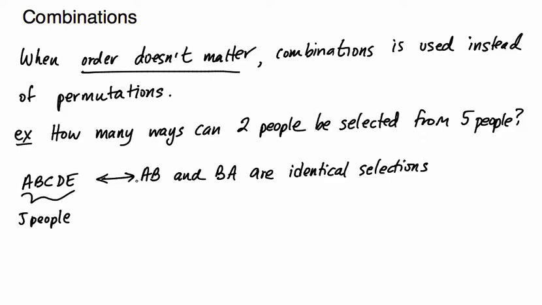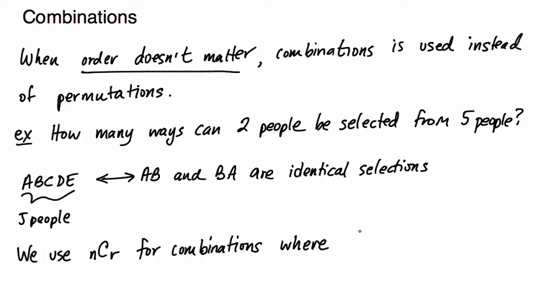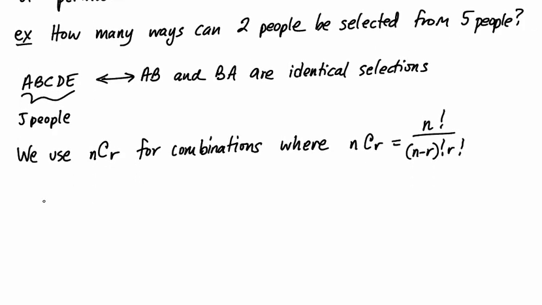And there's a formula and a notation for combinations, just like there was for permutations. We use nCr instead of nPr, and nCr is equal to n factorial over n minus r factorial, just like the last one, but now we also divide out by r factorial. So for the question we just had, I have five people, so that's the n, and I'm selecting two people.